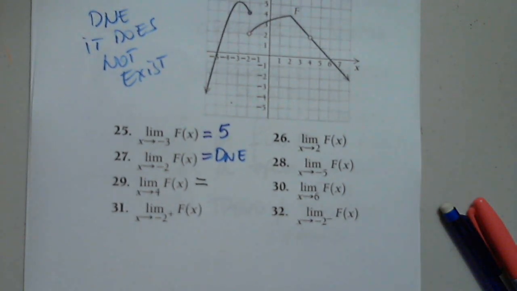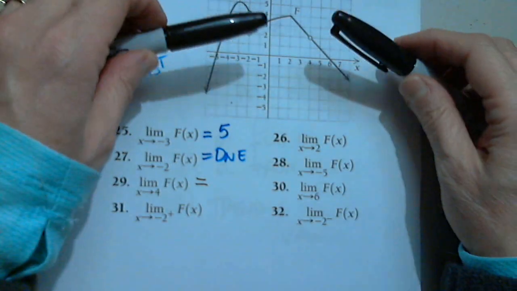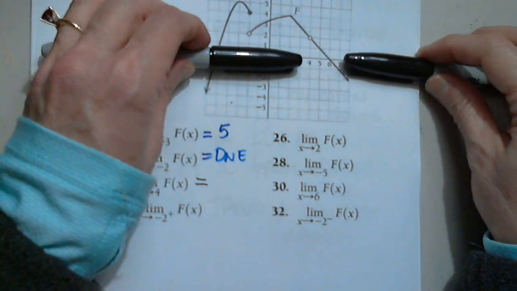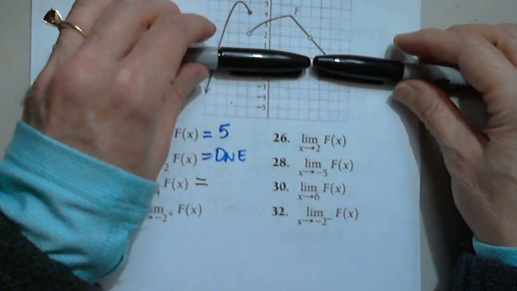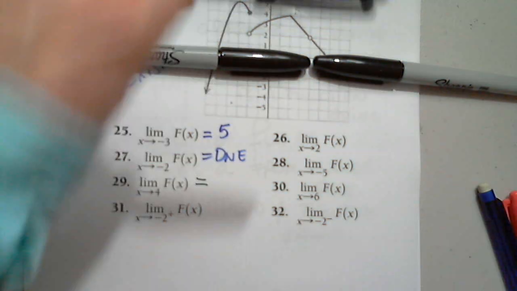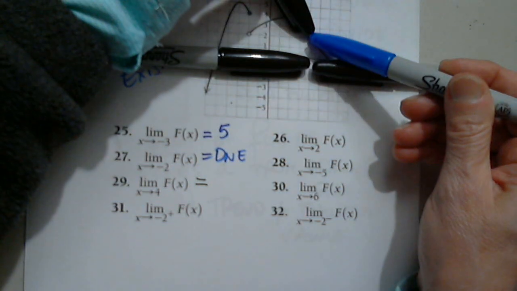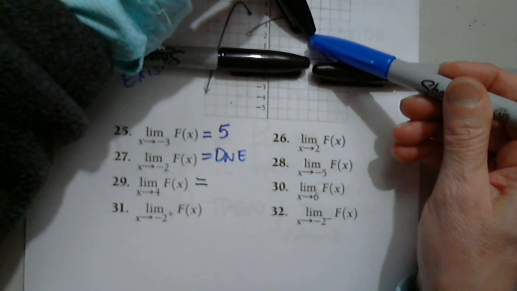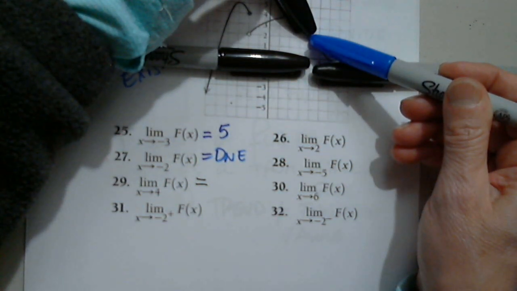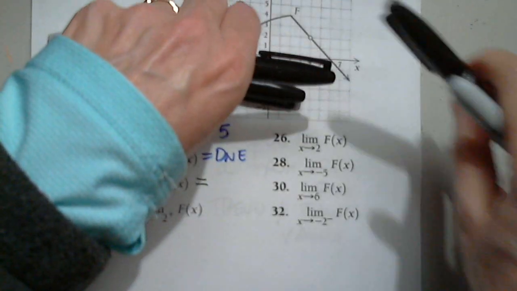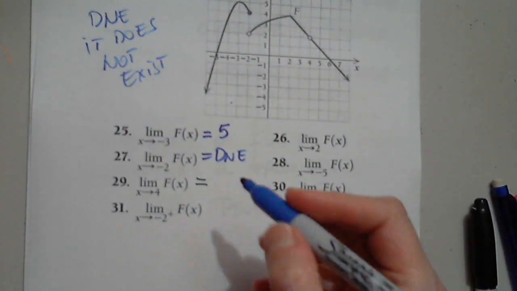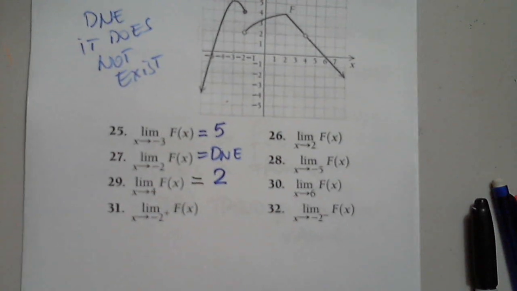We don't care whether the function is defined there or not. Very good point. So as x approaches 4 from either side, the left and right approach what? Not equal to, we don't care about that. They approach what? 2. Exactly 2.